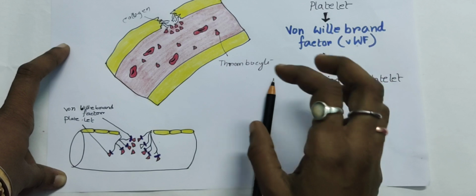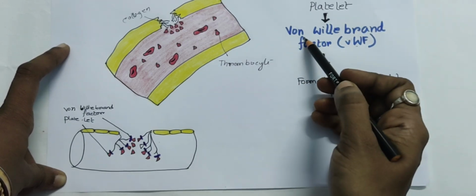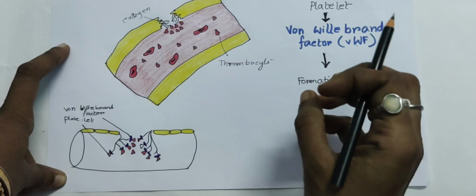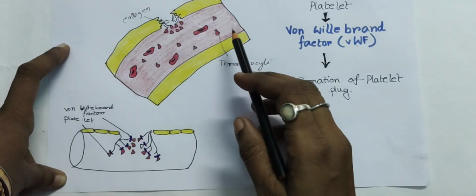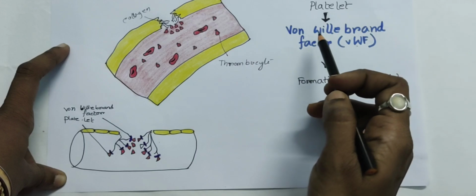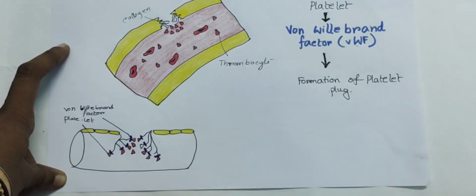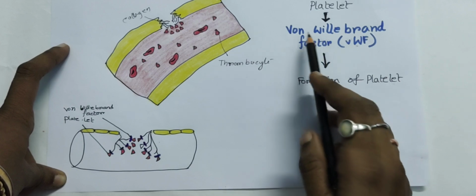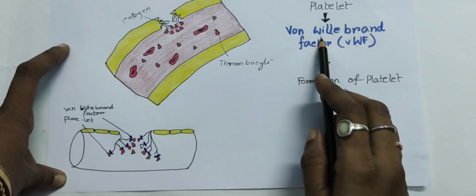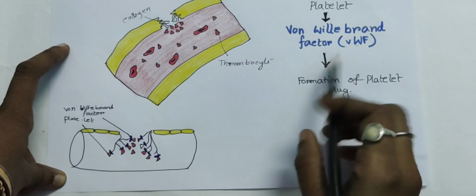The blood clotting shouldn't be there, but due to overexpression of that gene, they form clots within the blood vessels. A disease where this factor is affected is called von Willebrand disease.